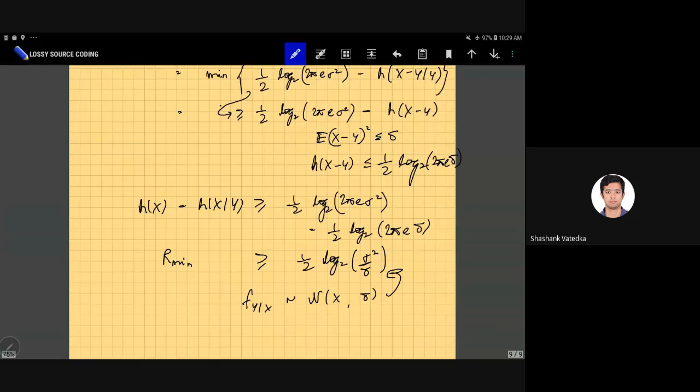So the minimum rate of compression, at least for a Gaussian source with mean squared error distortion, is given by half log sigma square by delta. And this is quite similar to the expression of the channel capacity, except that the channel capacity was half log 1 plus p over sigma square. Right?